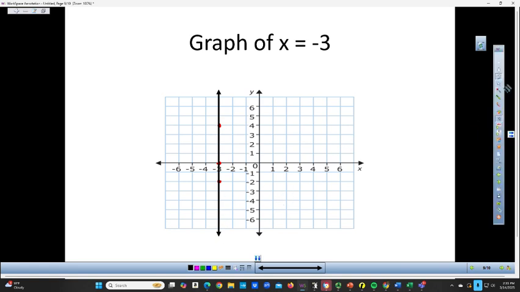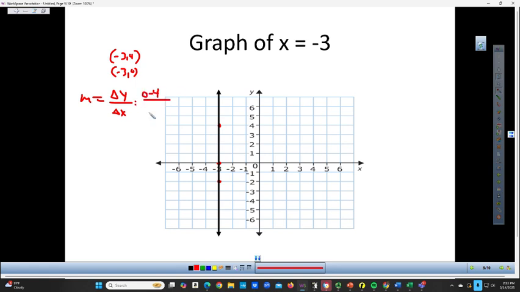Why would our slope be undefined? Well, because if you just work your slope formula, let's say we take this point, -3, 4, and the point -3, 0, and we follow our slope formula, which is our change in y over our change in x. If we give our y values, we would say 0 minus 4.